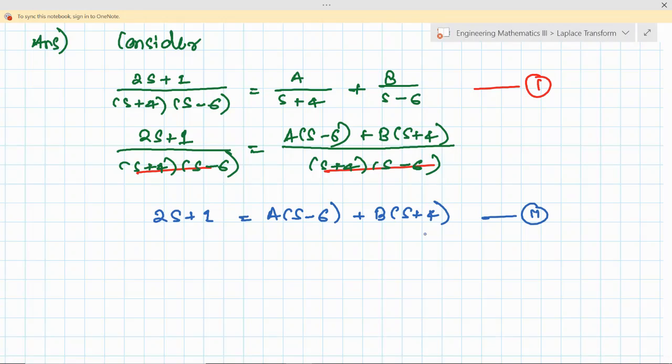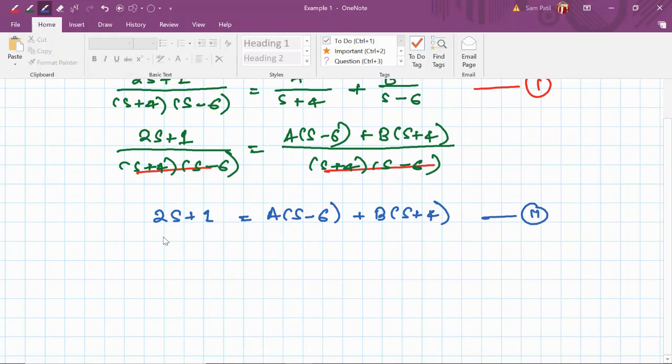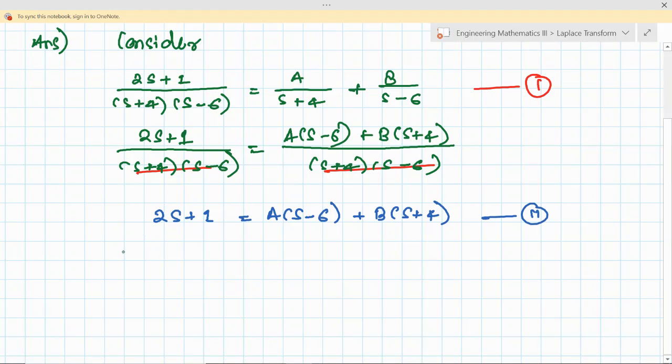Now to find a, just make the coefficient of b zero. So for a, put s + 4 equal to 0. I'm just making the term of b zero. That is, s = −4 in equation number 2.